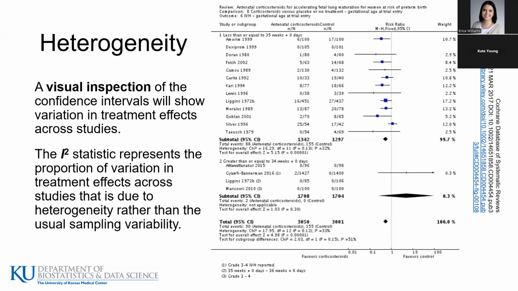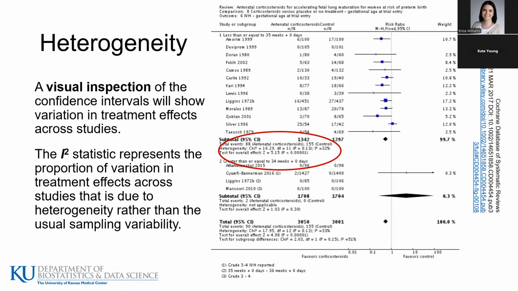So if the confidence intervals for the results of individual studies have poor overlap, this generally indicates the presence of statistical heterogeneity. So more formally, a statistical test for this heterogeneity is available. We use what's called the I-squared statistic, and this describes the percentage of the variability in the effect estimates that is due to clinical or methodological heterogeneity, as opposed to the sampling variability.